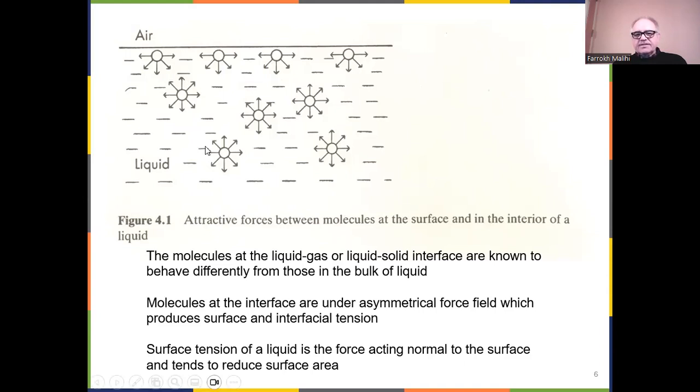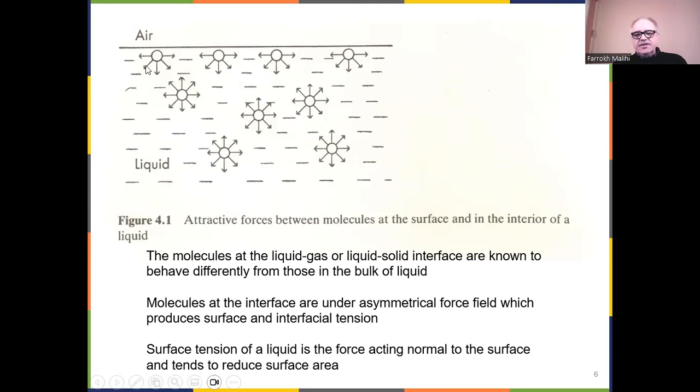The reason for that is that the molecules in the bulk are under the influence of all molecules around them, so the forces are symmetrically applied around this molecule or particle, but at the surface or interface, only on one side are they influenced by attractive and repulsive forces from the other particles. Therefore, these molecules are under an asymmetrical force field, which produces surface and interfacial tension.